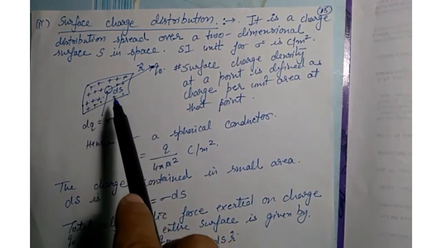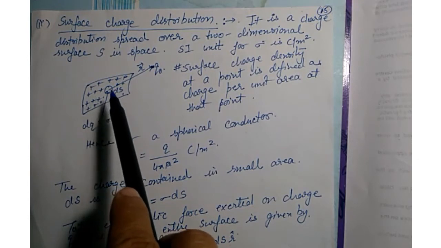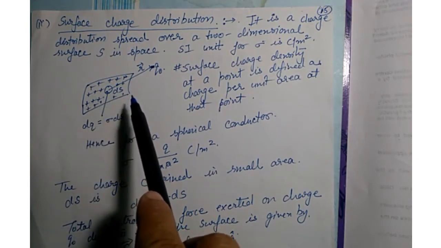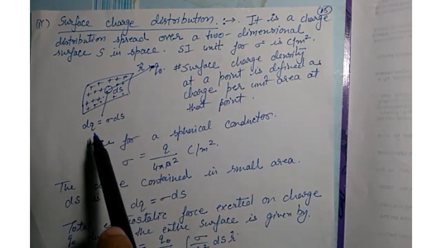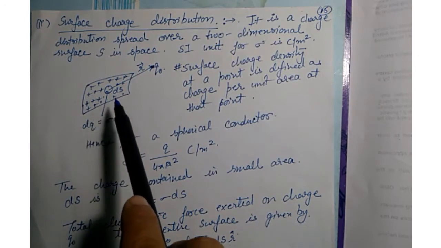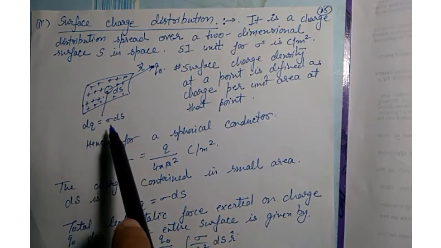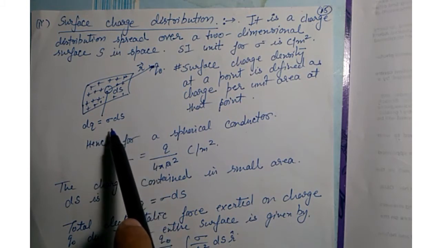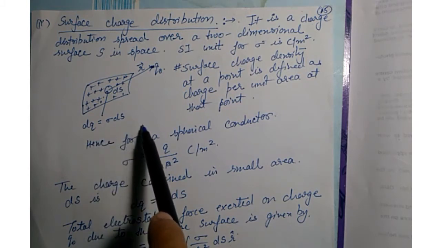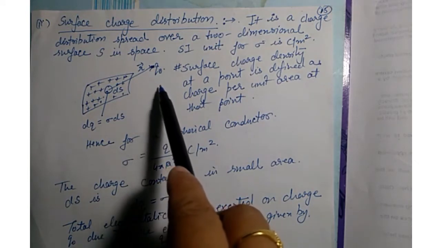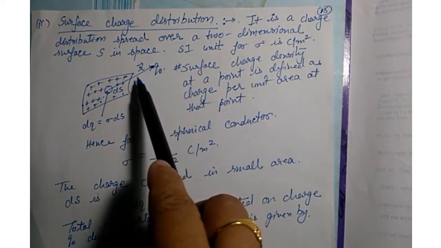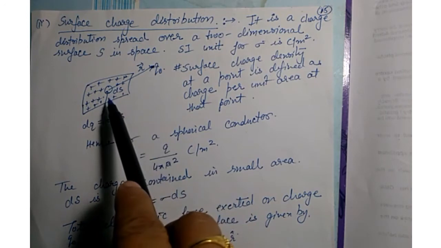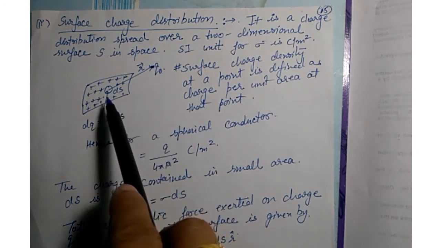Let us consider a small area ds of this configuration over which dq charge is distributed, where dq equals sigma ds, and sigma is the surface charge density. A test charge Q naught is placed at distance r vector from this area ds.